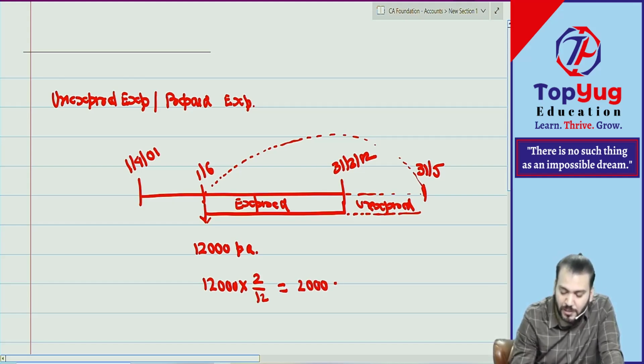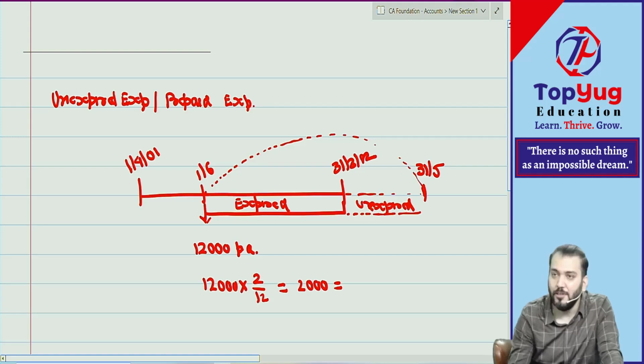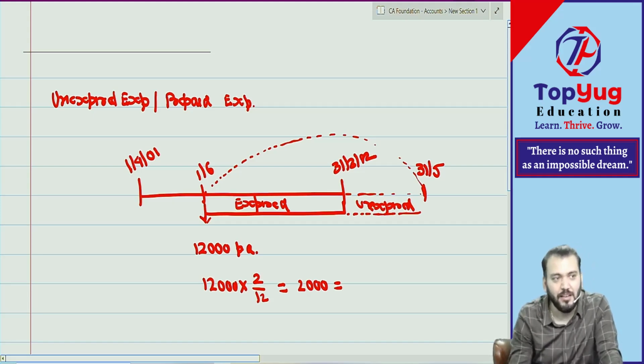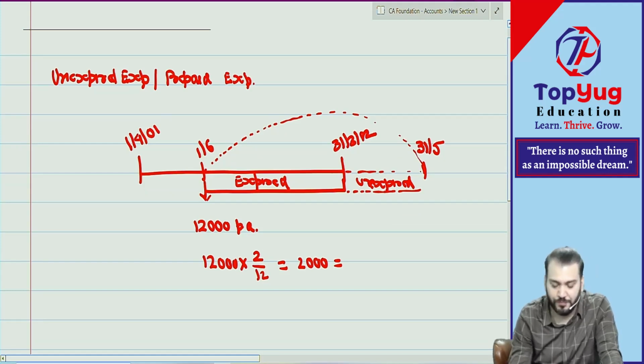So 2000 becomes prepaid expense, and we need to pass one adjustment entry for that. It means that 2000 is not an expense of the current year. So unexpired expense and prepaid expense are same. Understood?